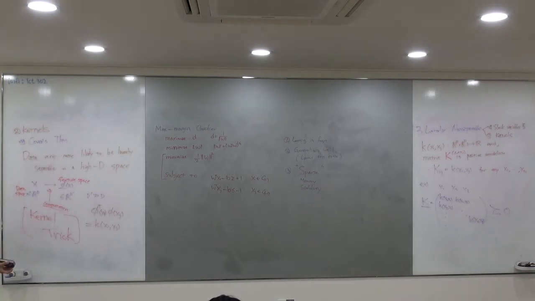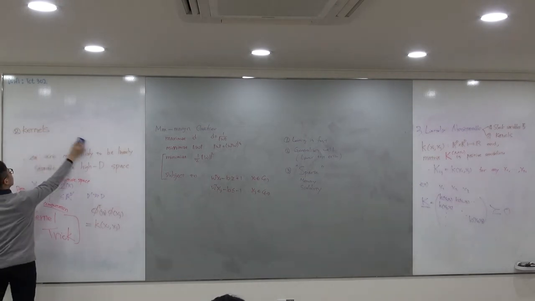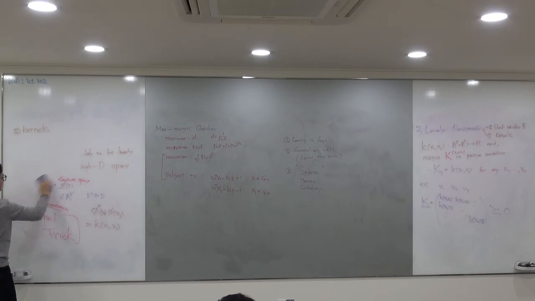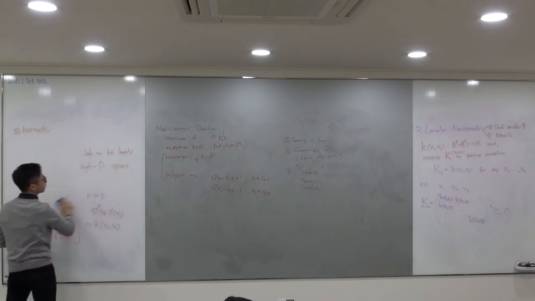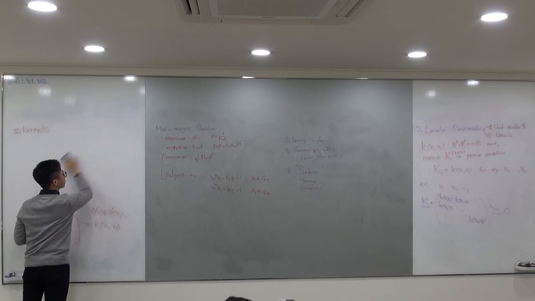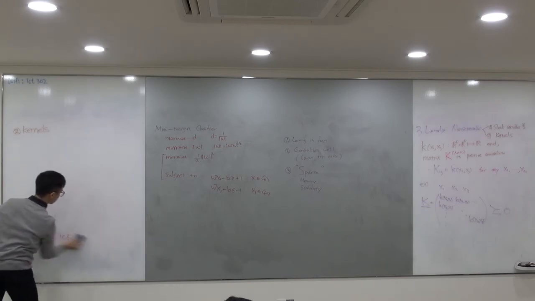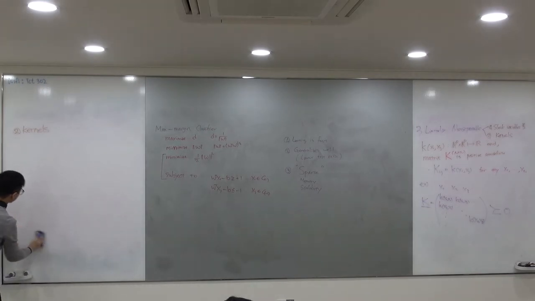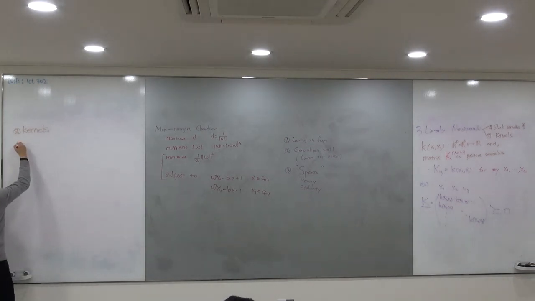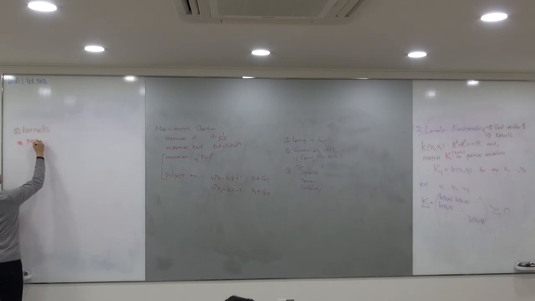So to emphasize such aspect, people sometimes call kernels positive semi-definite kernels, but in the field of machine learning, people assume the positive semi-definiteness of kernels, so people just say kernels. So let's be clear. Then what's positive semi-definiteness?